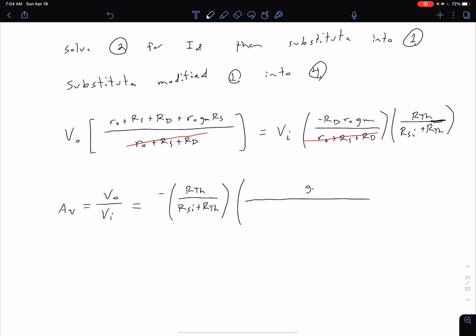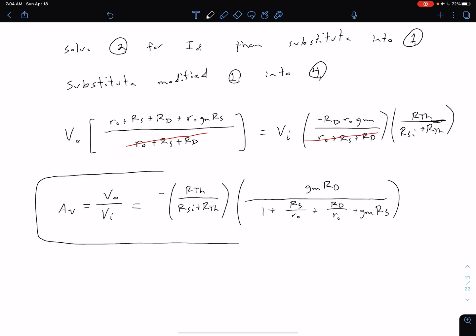We can say this is equal to GM times RD in the numerator. And in the denominator, we have 1 plus RS divided by R0 plus RD divided by R0 plus GM times RS. Okay, so that was a lot of work, but here is our relatively general equation.